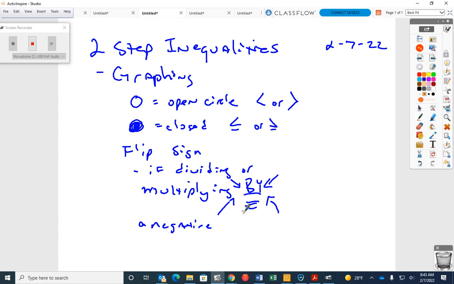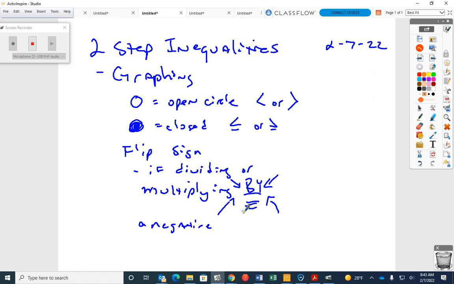So let's continue with this. All of the equations we've done up to this point have been one step. So all we're doing is taking this a step further, literally and figuratively, and we're going to do two-step inequalities.